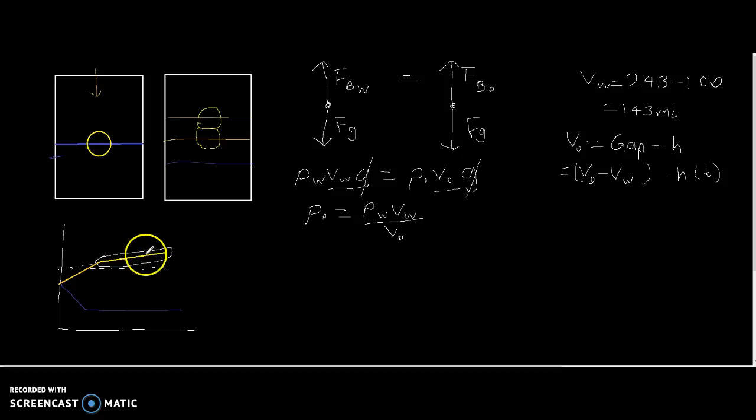We can see that the volume displaced after some time is simply the height from here to here. Now that we know the actual height, because we know the rate of change, we can draw a dotted line, and we know that it's 0 at this point.